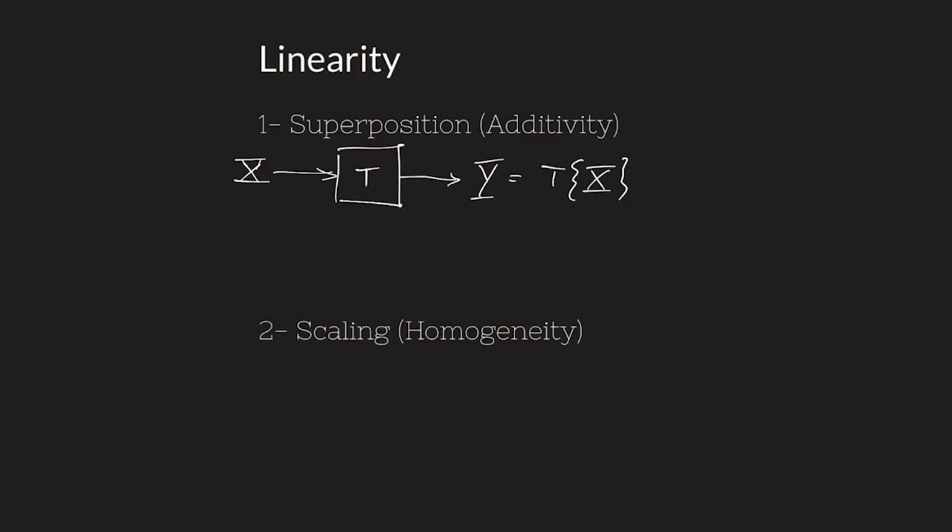So if we can write this input as a sum of terms, and if we can act on each one of these terms individually, such that this Y ends up being the transformation of each one individually, then this system defined by T is linear in X. It's linear in this representation of X. It's linear in these components, the x0, the x1, and so forth.